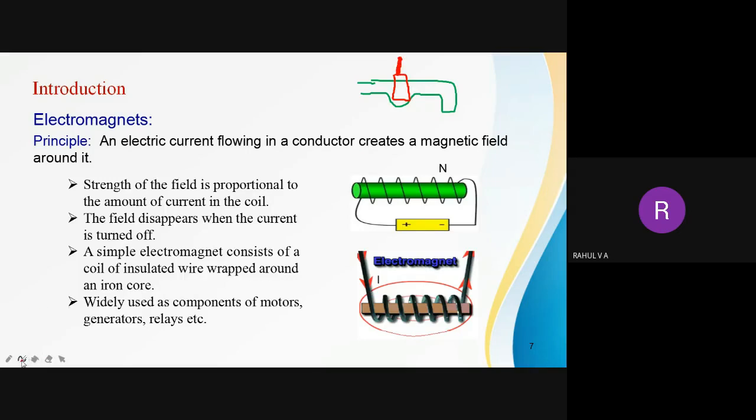Around this shaft, I will be winding this conductor. When voltage is given to this winding, it will attract the plunger upwards. So there will be some opening and water will flow.